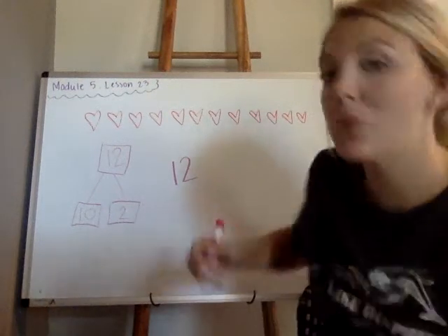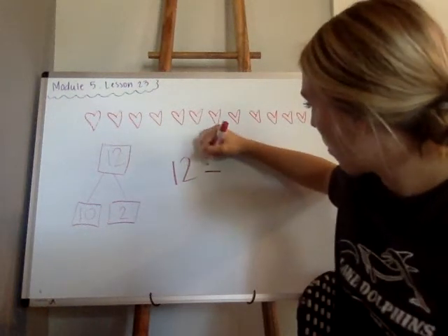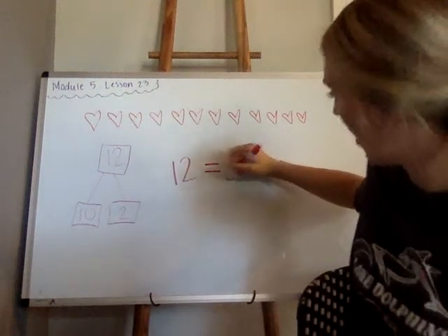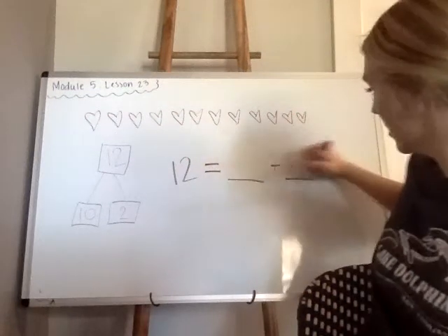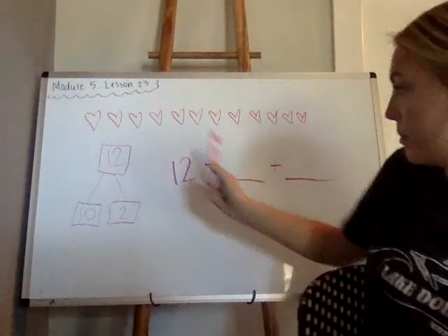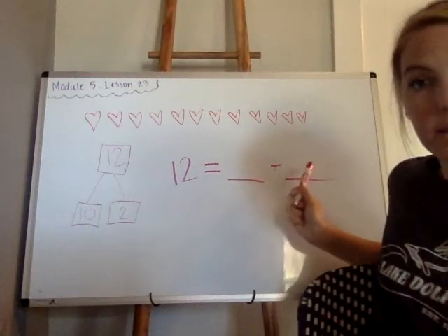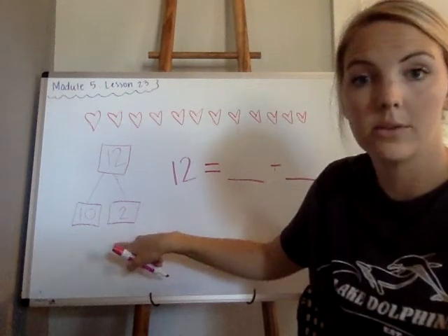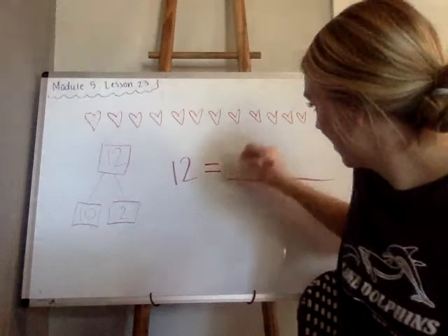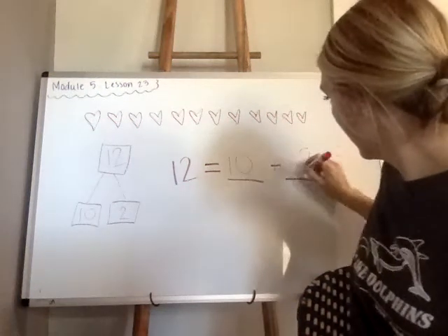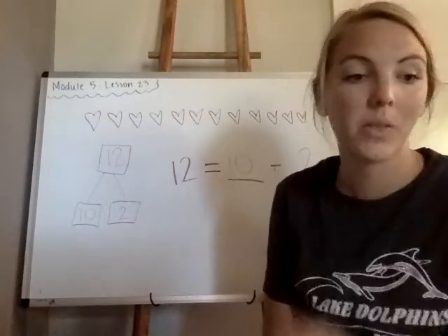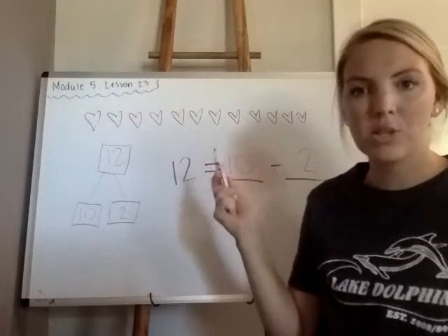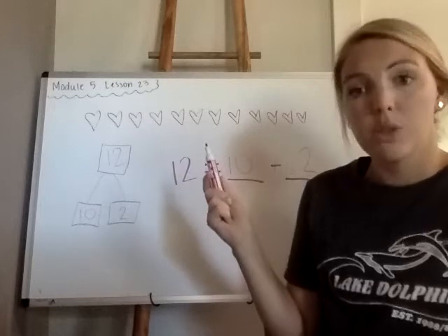I have to do an equal sign because that was my whole. 12 equals, now we have to figure out what are our parts? 12 equals blank plus blank. 12 equals, there we go, 10 and 2.